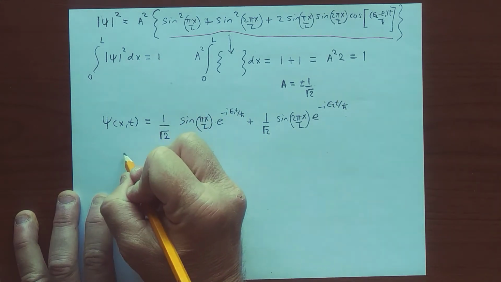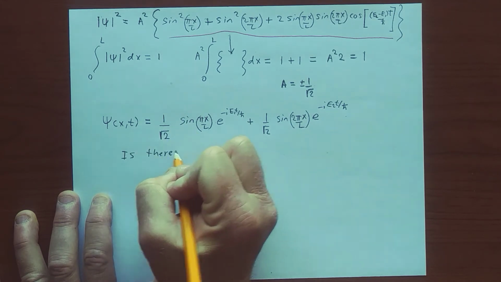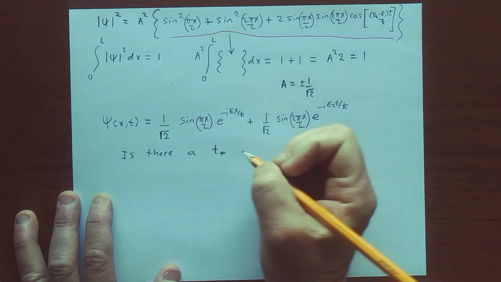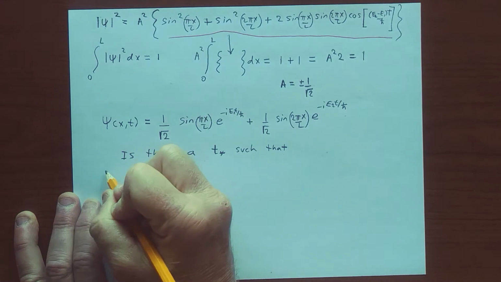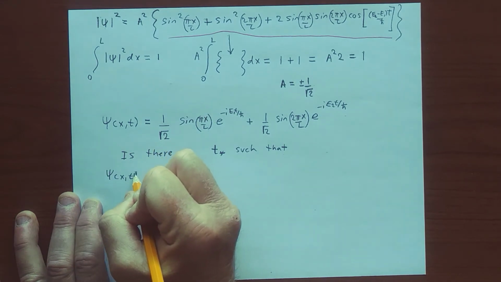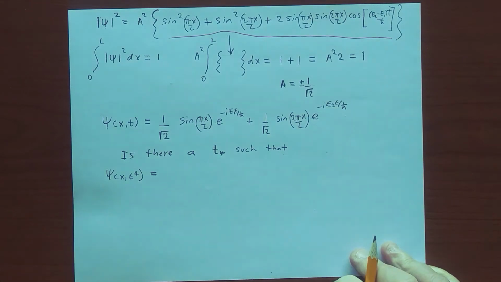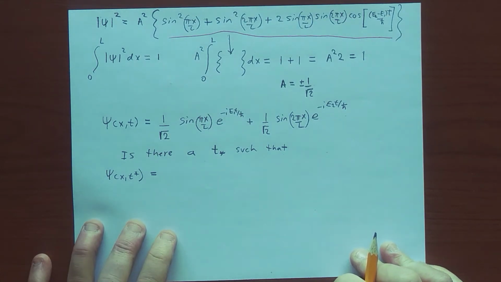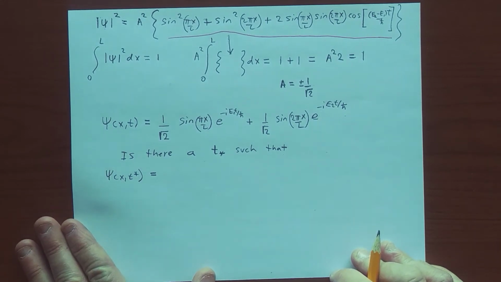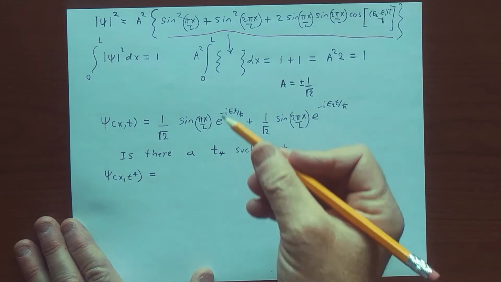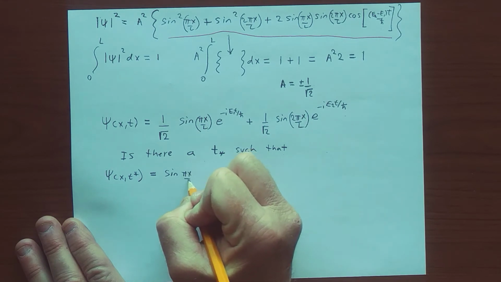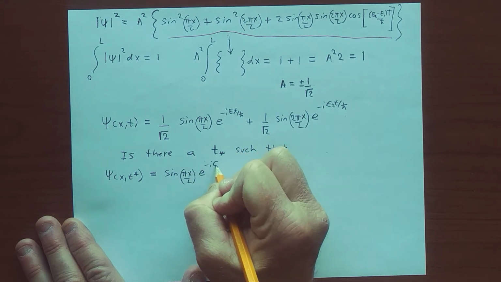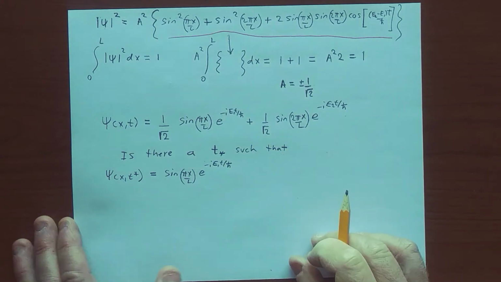So is there a time, let's say, is there a t star such that psi of x and t star is equal to, right, if the normalization condition continues to apply regardless of time, then we could imagine that this evolves to sine pi x over L e to the minus i E1 t over h bar, right?